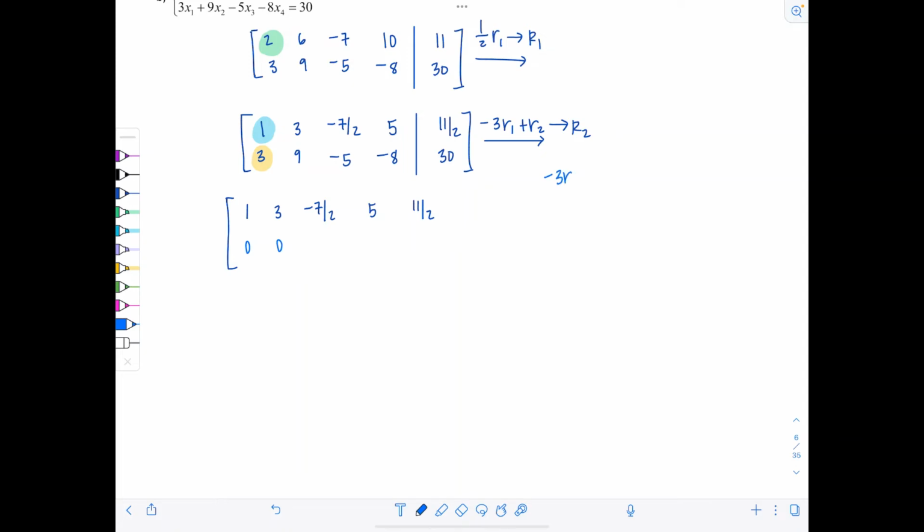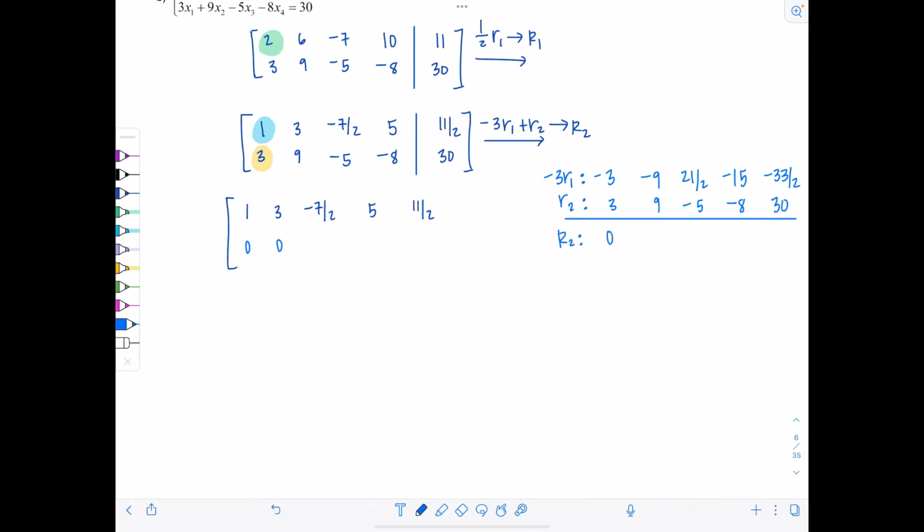So negative 3 row 1 would be negative 3, negative 9, positive 21 over 2, negative 15, and negative 33 over 2. And we're going to add that to row 2. 3, 9, negative 5, negative 8, 30. And that's my new row 2.